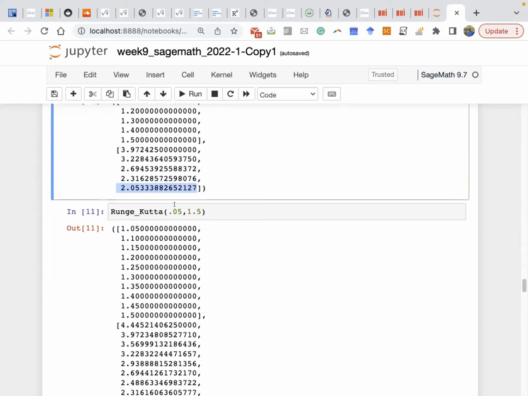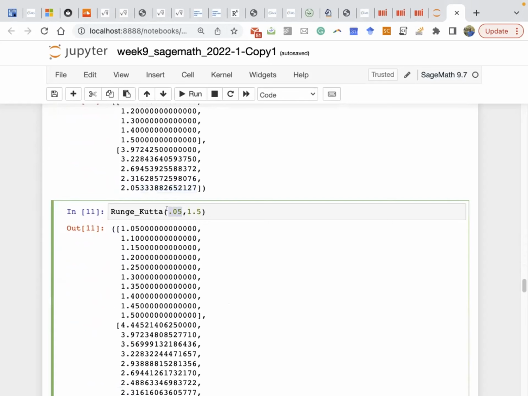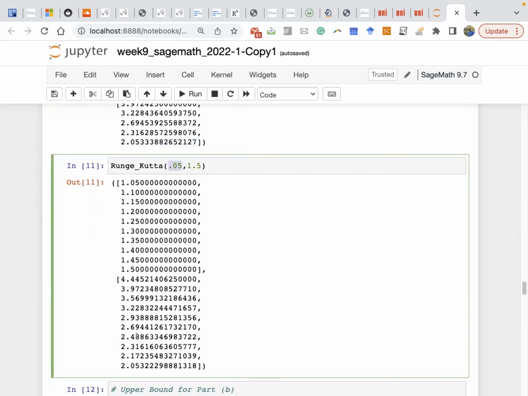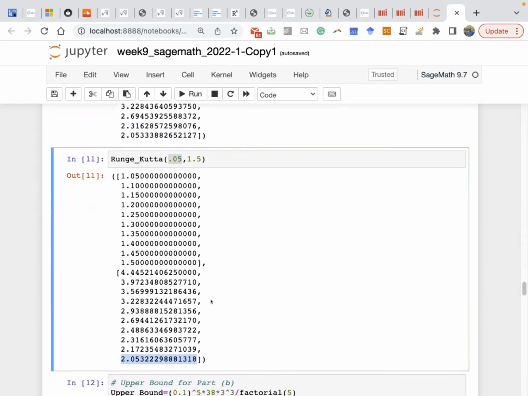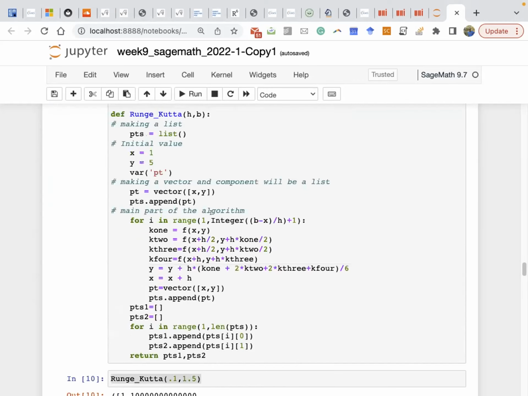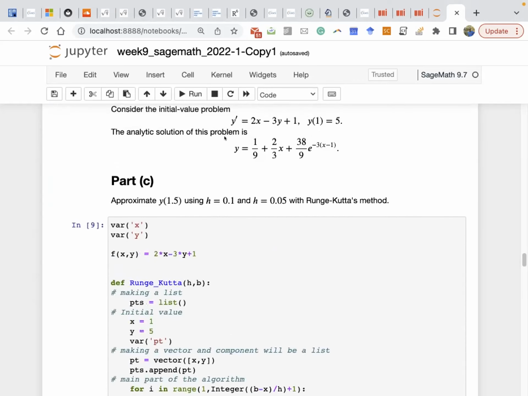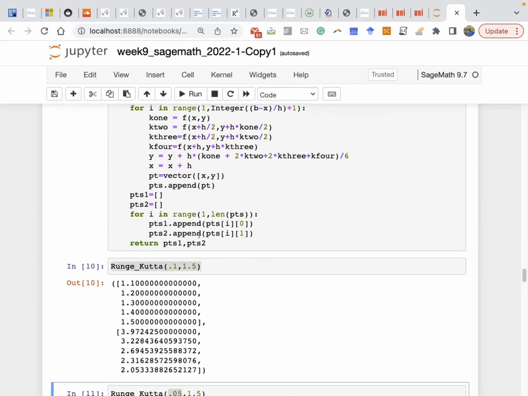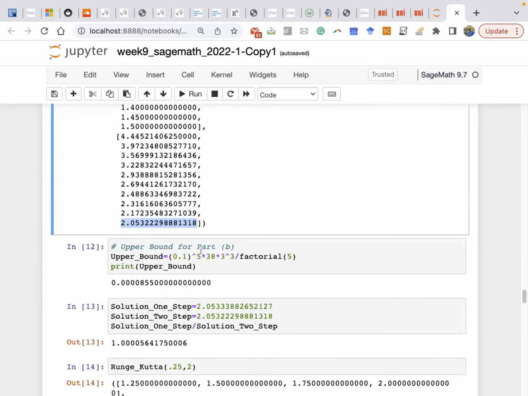With step size 500, half of that, I can get this guy here. Upper bound for this guy. Upper bound part B, local truncation of this guy. The maximum of the local truncation is this one.